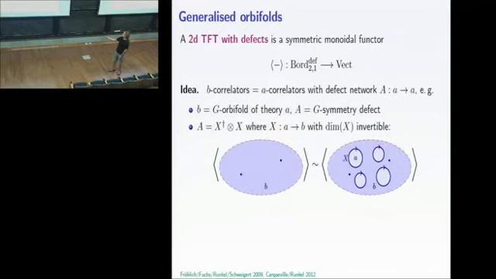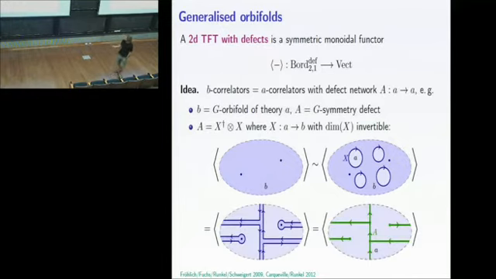The value of this correlator is the same up to this constant, which is the dimension, namely this loop. So we create islands of theory A in this ocean of theory B. And since we are in the topological sector, we can expand these islands, which happens in the next step.